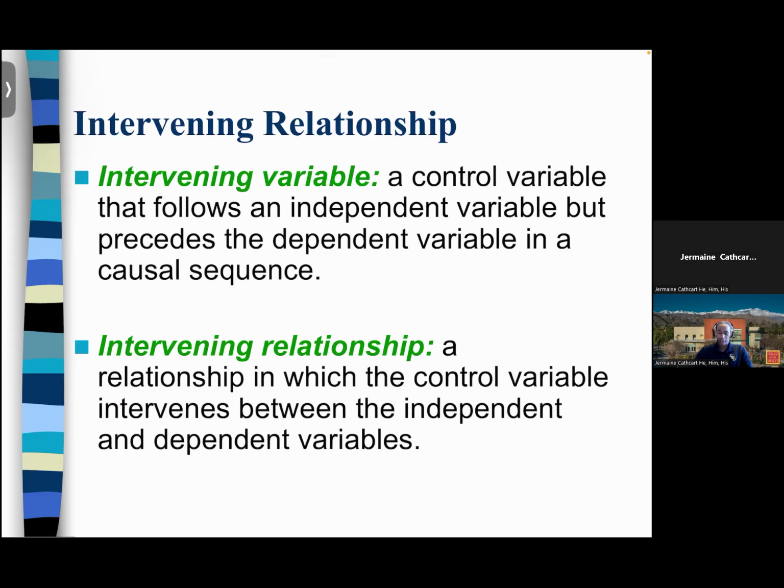So we look at an intervening variable. Again, it's a control variable that follows the independent variable, but then precedes the dependent variable, right? So there's this third variable that needs to be put in to help us explain that relationship between the two variables. So it basically intervenes and mediates between these two variables.